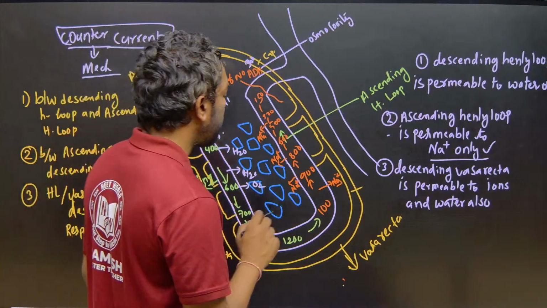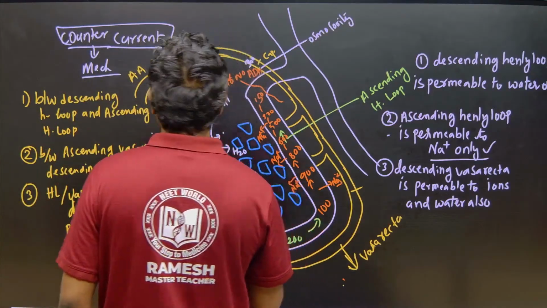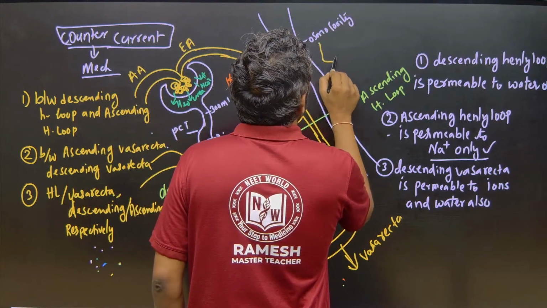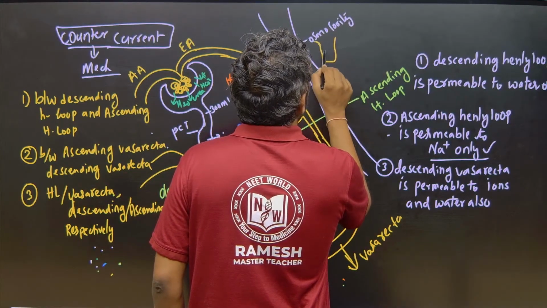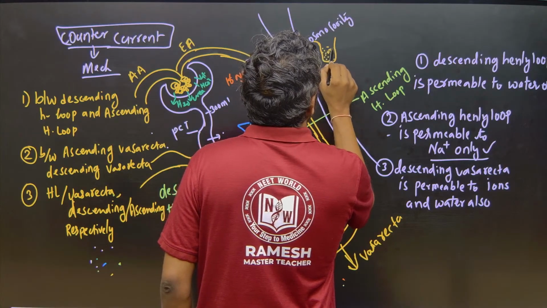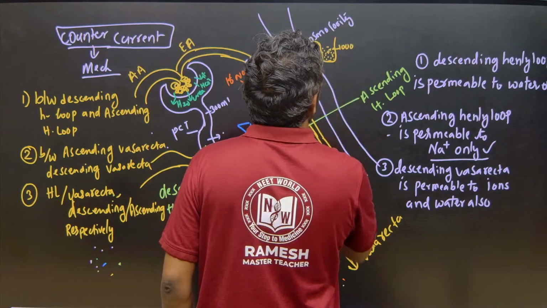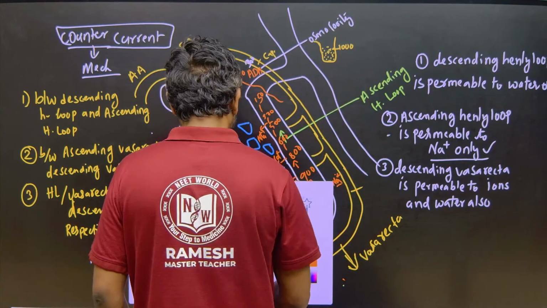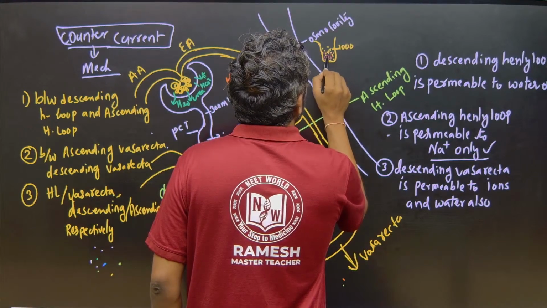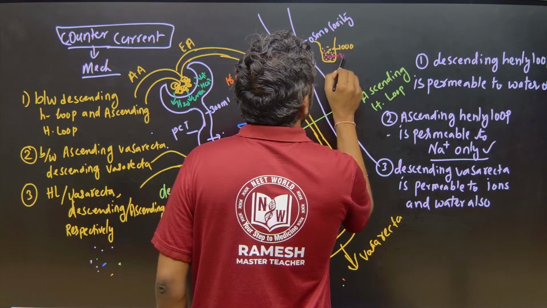Osmolarity, guys, just look here. Here is a solution of 1000 ml that contains 300 ions.